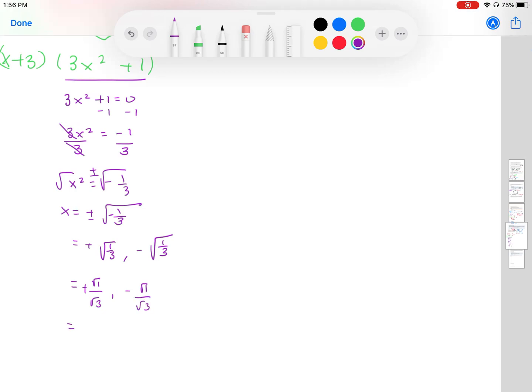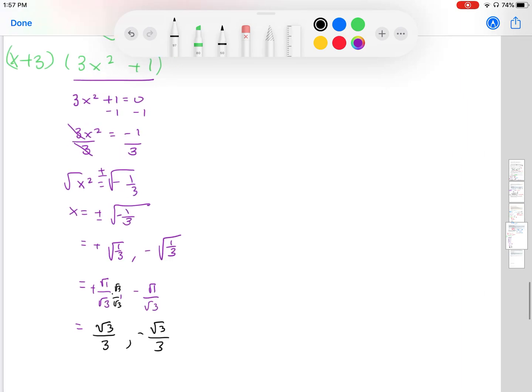We always avoid having radicals in the bottom, so you rationalize. You multiply by the square root to the top and bottom. So you're left with the square root of 1 is 1, so 1 square root of 3. So just square root of 3 over 3, and square root of 3 over 3.